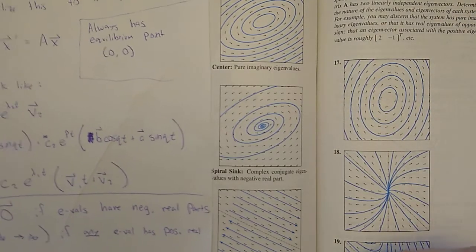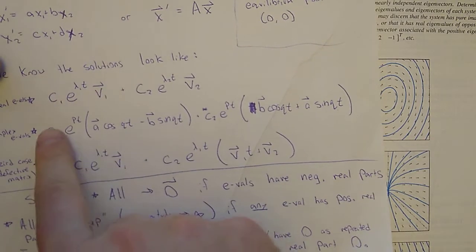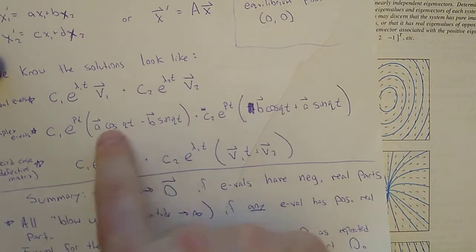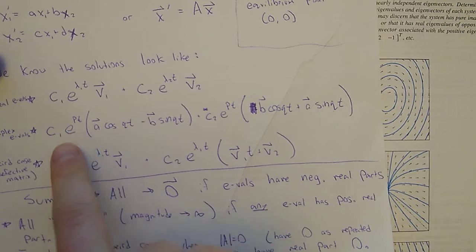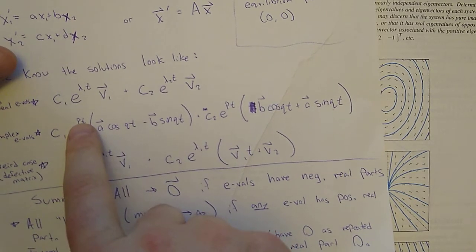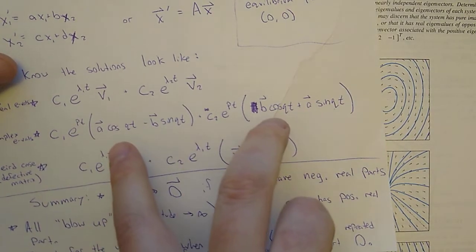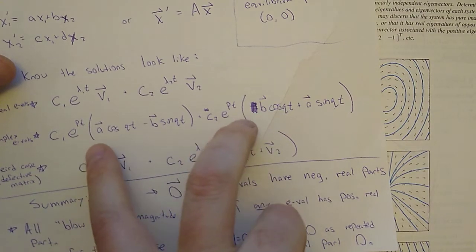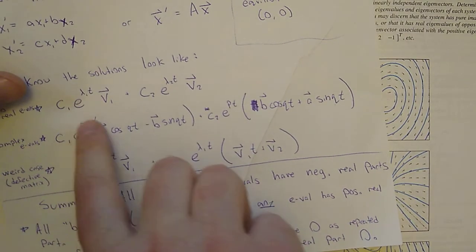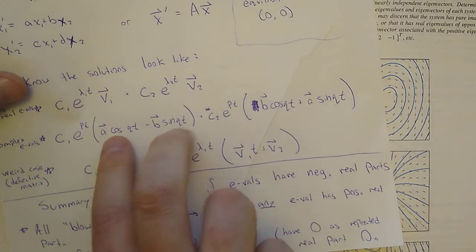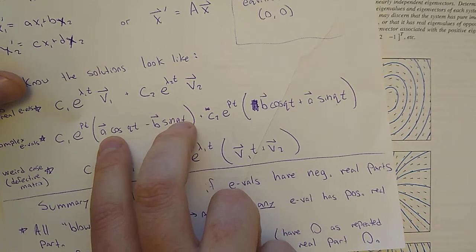What I'm talking about right now, this kind, where you have complex conjugate eigenvalues with a negative real part, let me describe it real quick again in the same way I did. We have exponential decay times this periodic vector function.